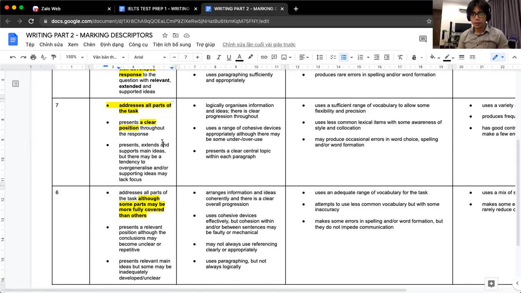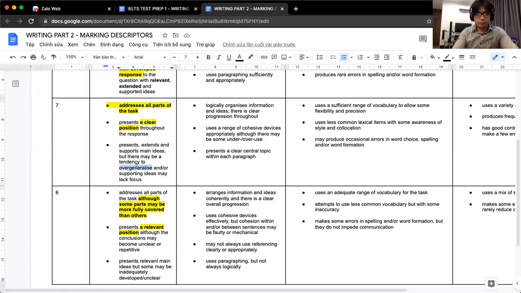You disagree. They're not consistent. Or you don't say it explicitly, then that is not clear. And when I don't see a clear position throughout your essay, you're going to get a bad score for this. And a relevant position, the same, but not as clear. That will be band 6.